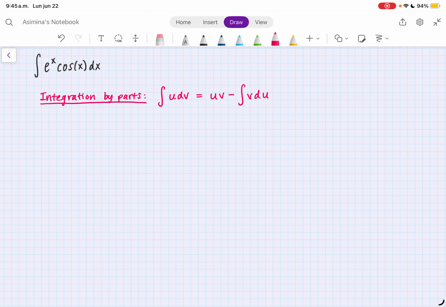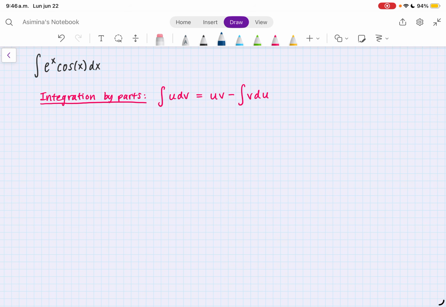So one way you can remember this is uv minus integral of v du. Now, what we have to do is choose what u is going to be and what dv is going to be. So here we have the integral of e to the x cosine of x dx.